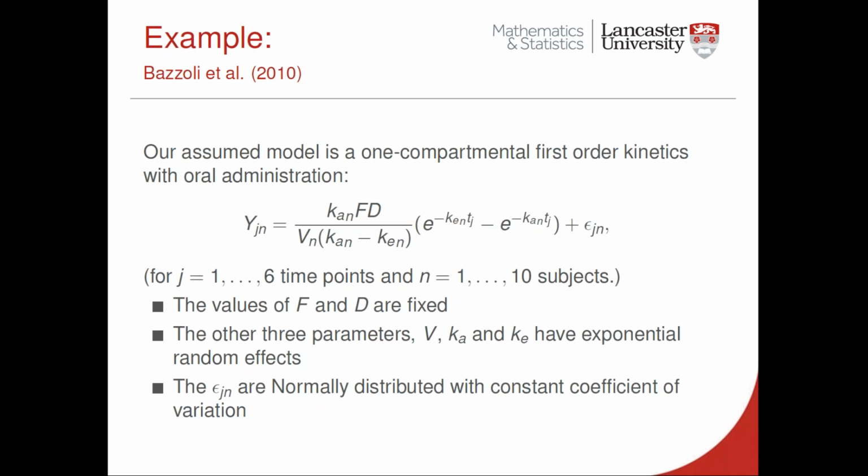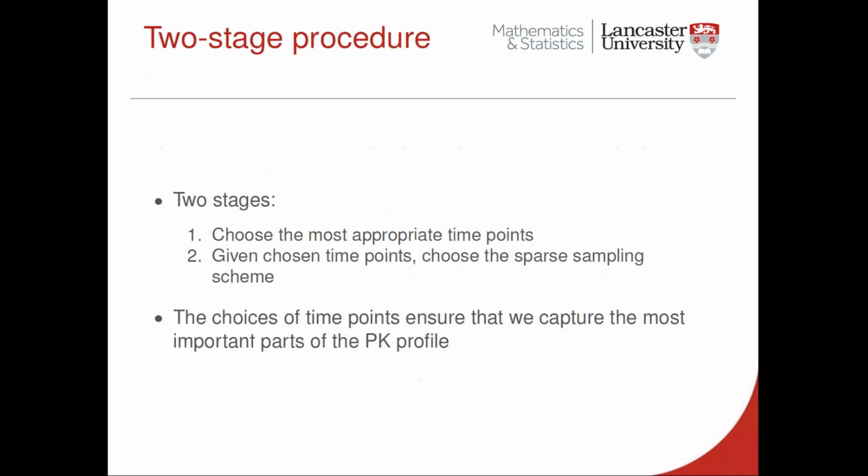The values F and D are fixed constants, and the three parameters V, ka, ke are going to have random effects in our assumed true model, while the errors are going to be normally distributed with constant coefficient of variation.